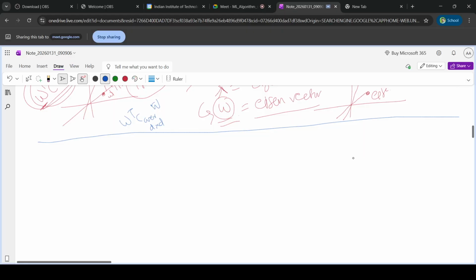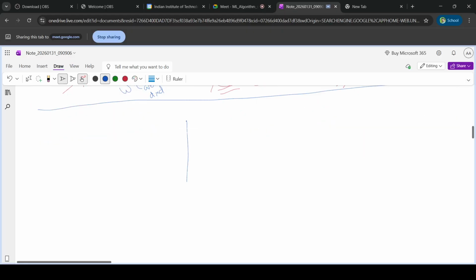This is your data. Looking at the data, you will say that this is the best line, but this line is not passing through the origin, and that will be a problem, because there is some extra offset you are adding here.